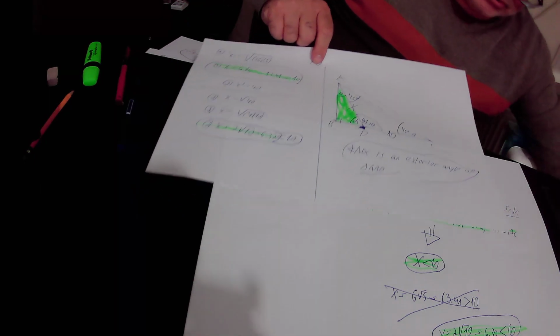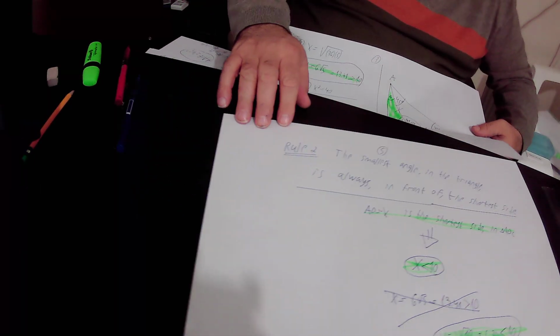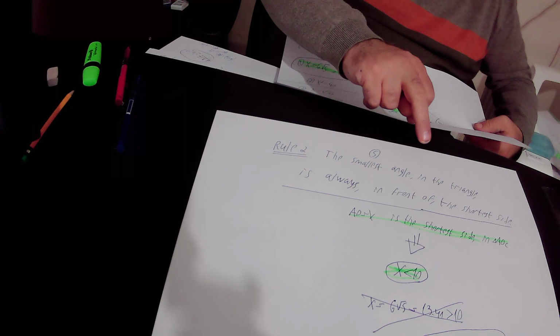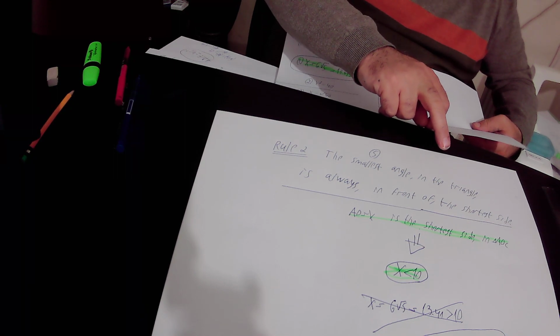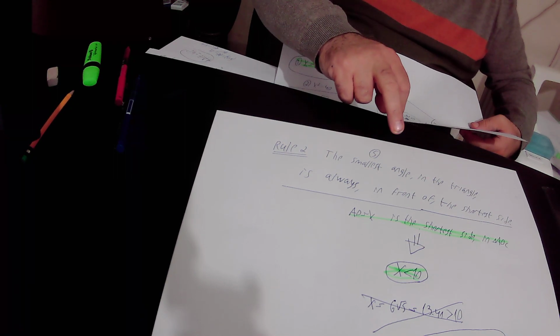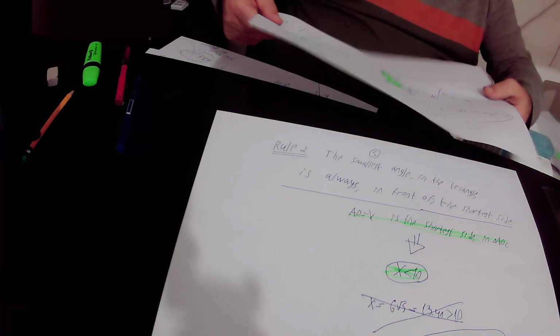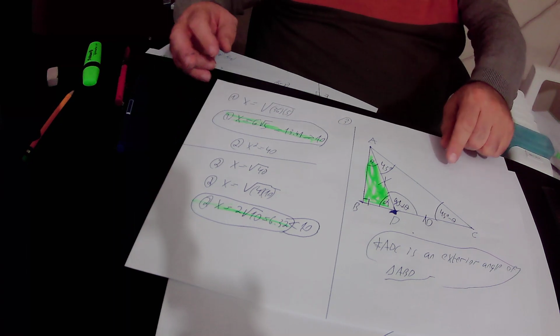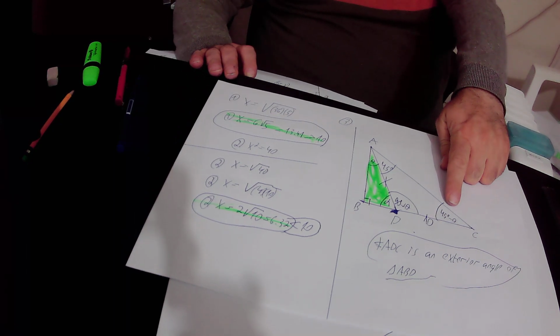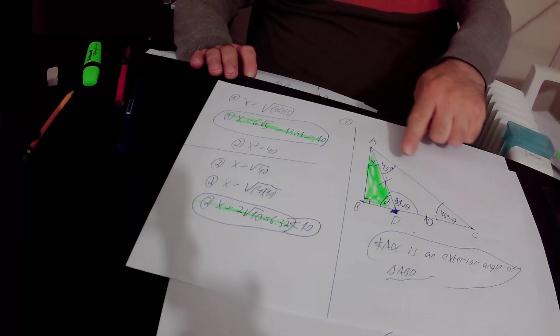And we also have rule number 2. According to rule number 2, the smallest angle in the triangle is always in front of the shortest side. So according to rule number 2, this smallest angle must be in front of the shortest side.